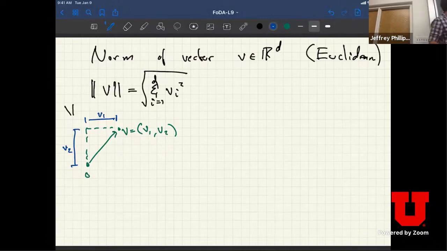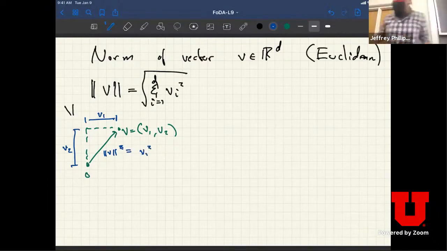Okay, and I want to get the length of this vector here, right? So let's call this term the length of the vector. This length here is the hypotenuse. So I know that this squared is equal to v1 squared. v1 is just a scalar value, right?